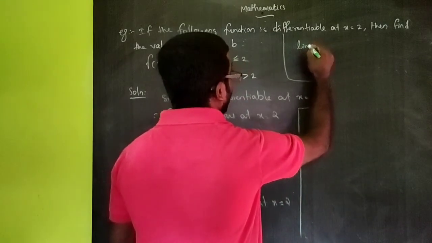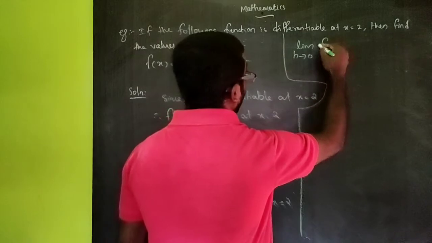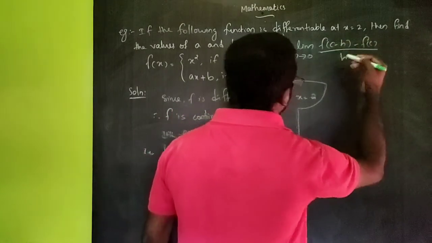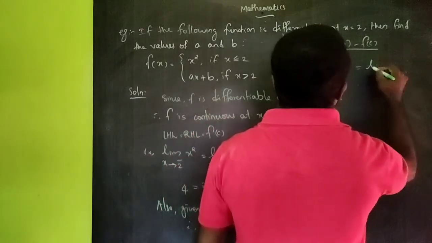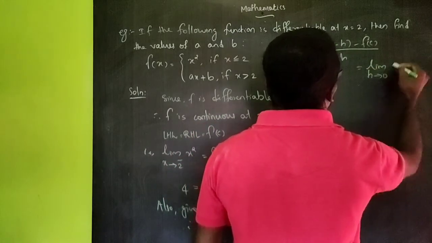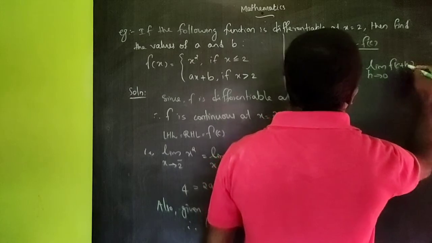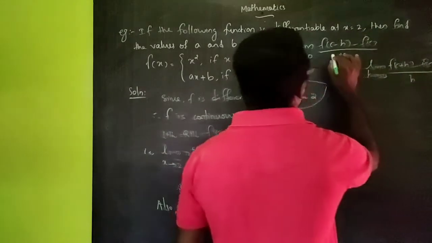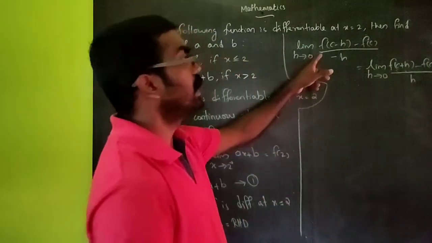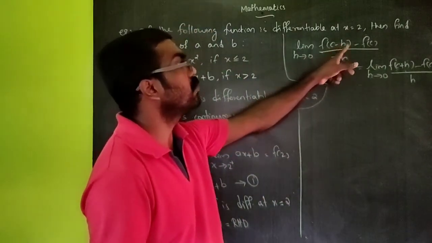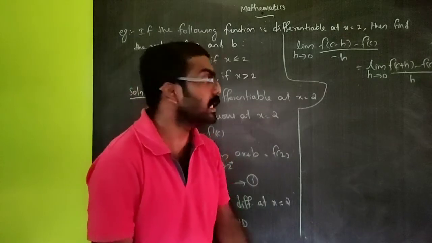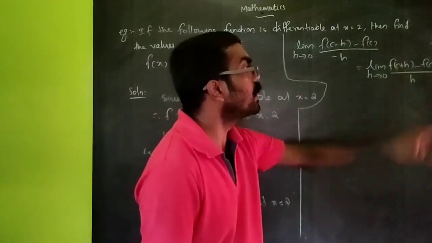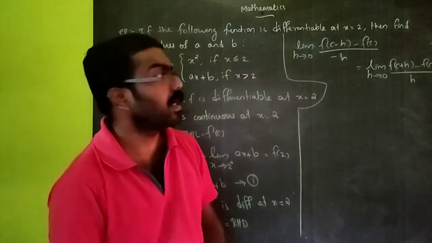Limit h tends to 0 f of c minus h minus f of c divided by minus h is equal to limit h tends to 0 f of c plus h minus f of c divided by h. Here it is minus h. Okay. Left hand derivative f of c minus h minus f of c divided by minus h, and the right hand derivative limit h tends to 0 f of c plus h minus f of c divided by h.